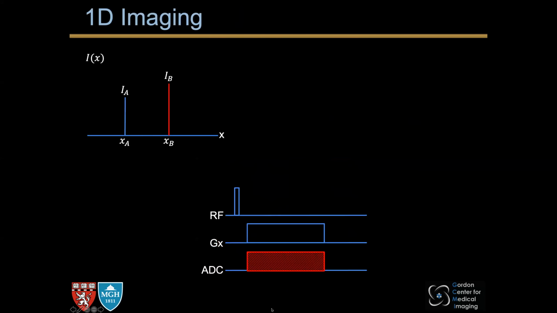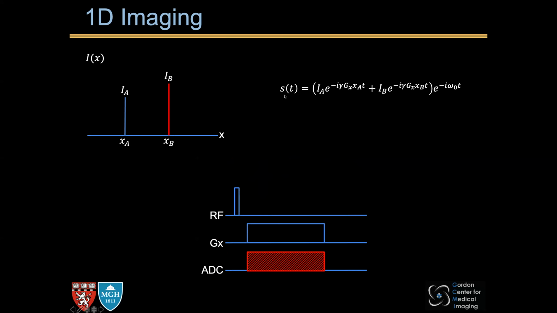So now we refine our imaging experiment as this. First, we apply an RF pulse, and then we apply a constant gradient field in the X direction. While this gradient is on, we acquire data. Let's see what this received signal looks like.